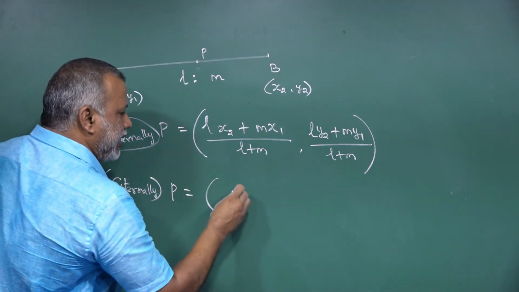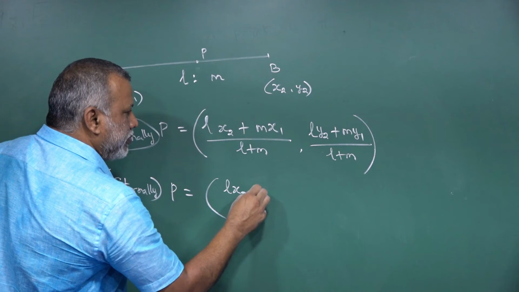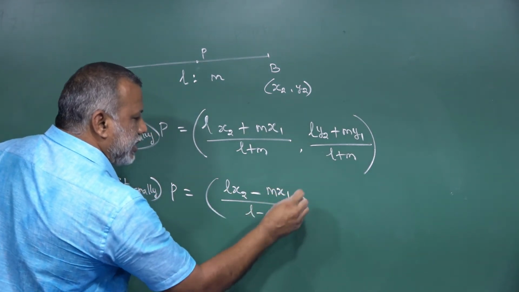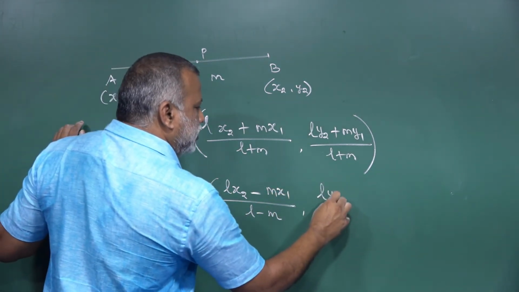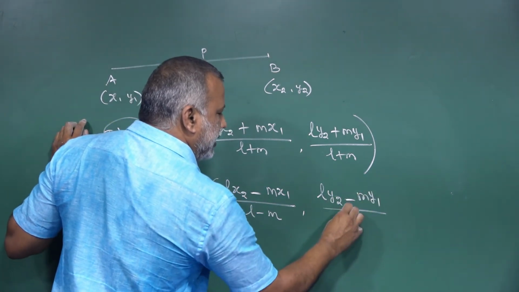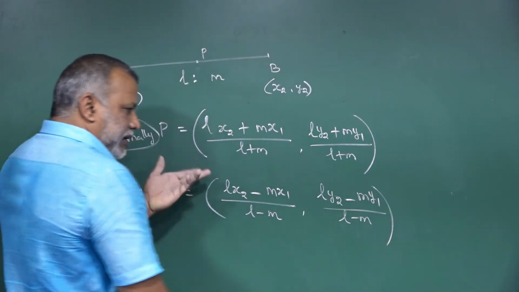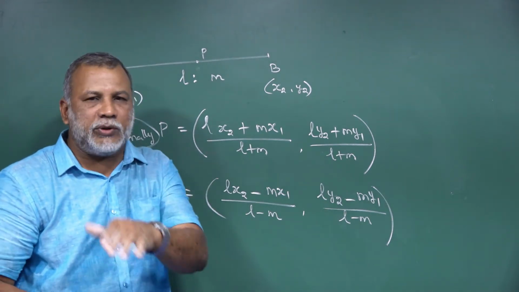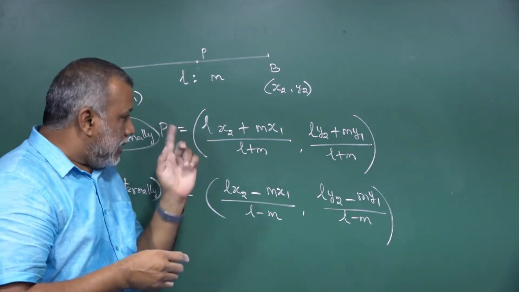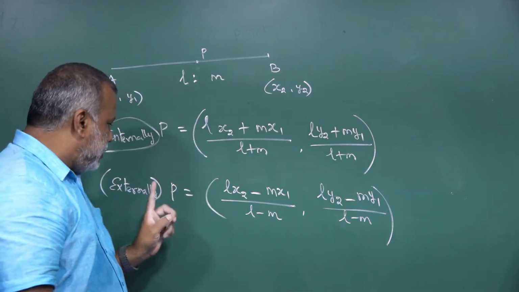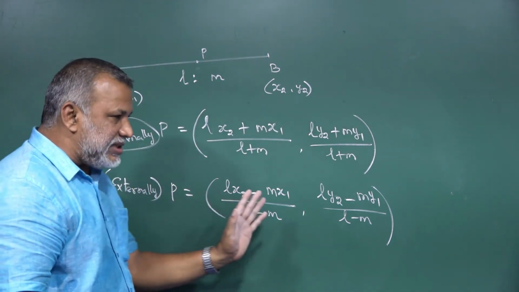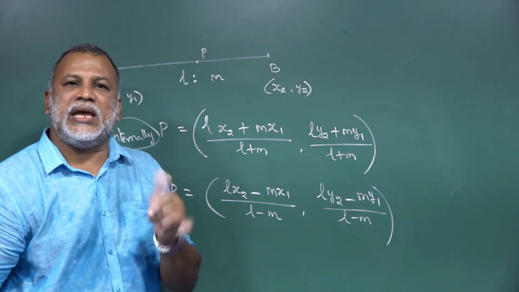Then what is the value of P here? Lx2 minus Mx1 divided by L minus M, then Ly2 minus My1 divided by L minus M. This is a well known formula from your 10th syllabus. We already used this concept in many areas. Here, what is the concept? We need externally. Therefore, the point P divides the line segment externally in the ratio.